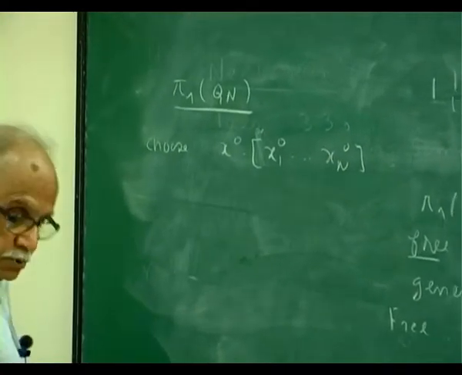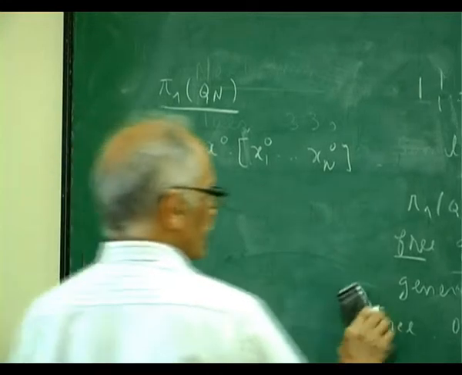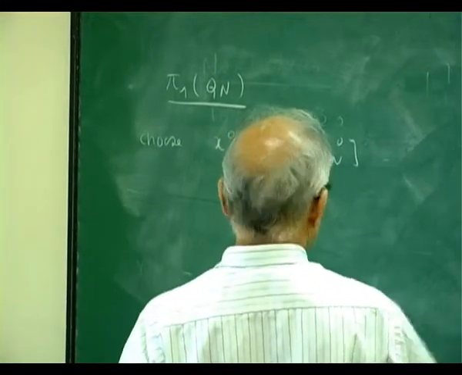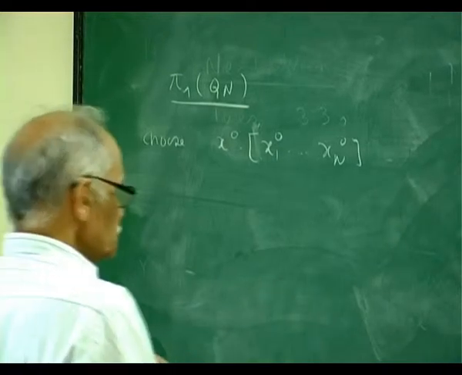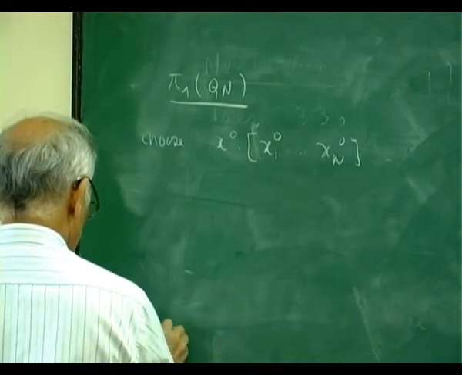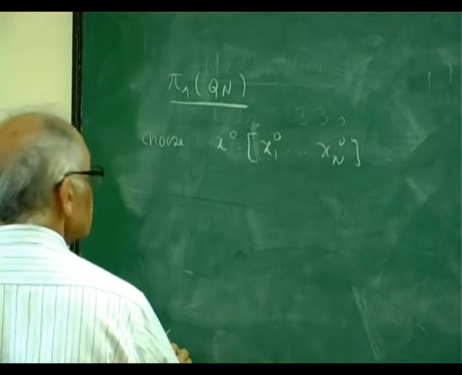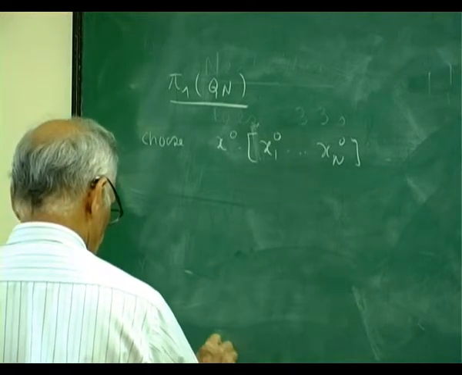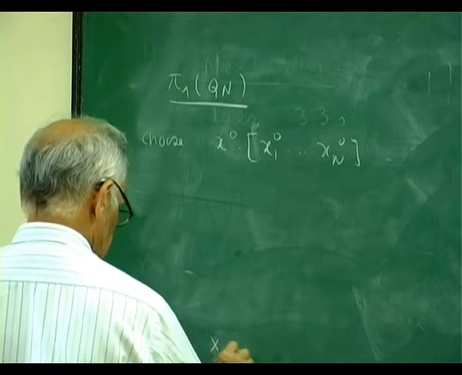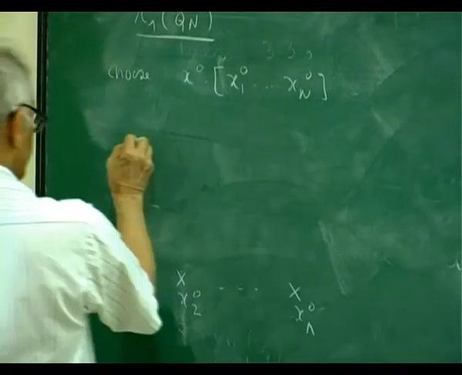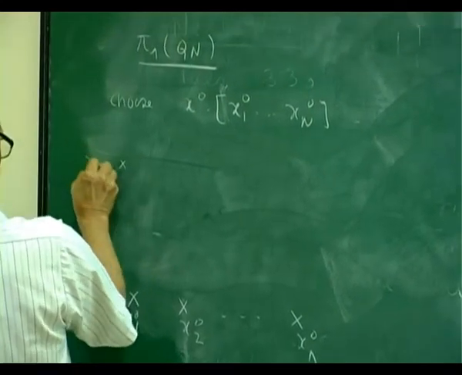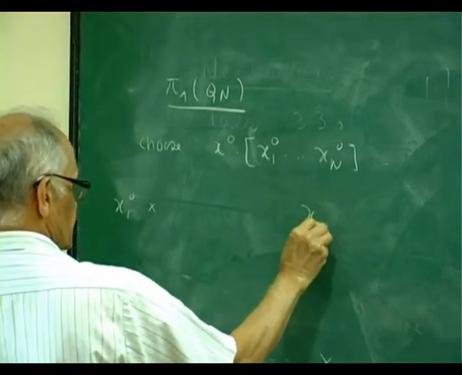I choose, in 3 dimensions or higher, x1 0 up to xn 0, and here I have the same point, xn 0.